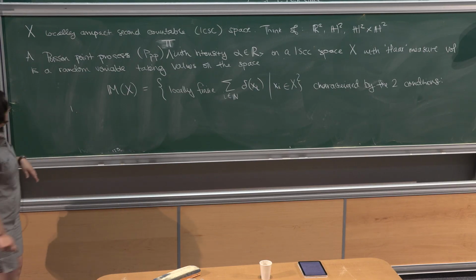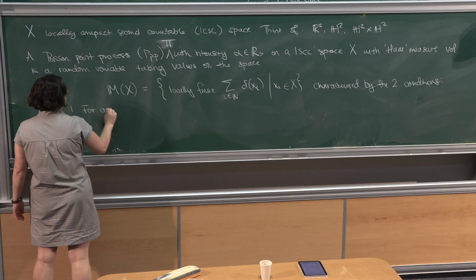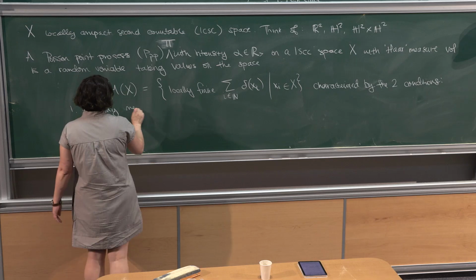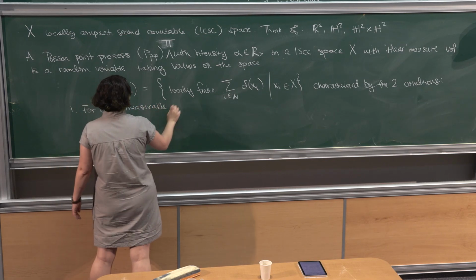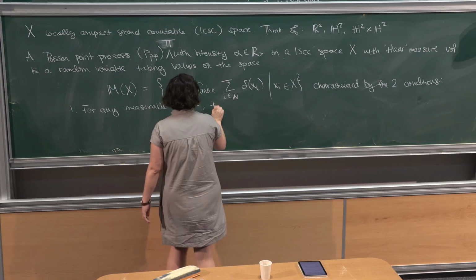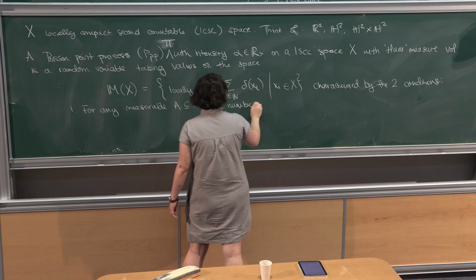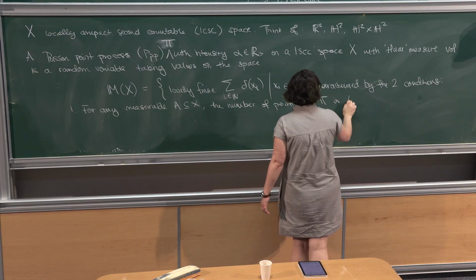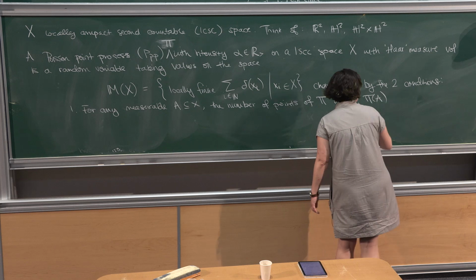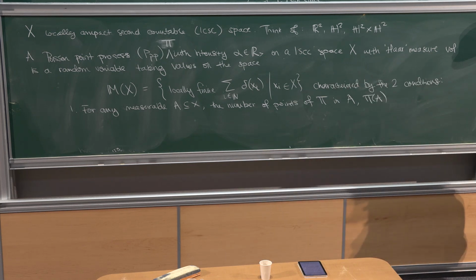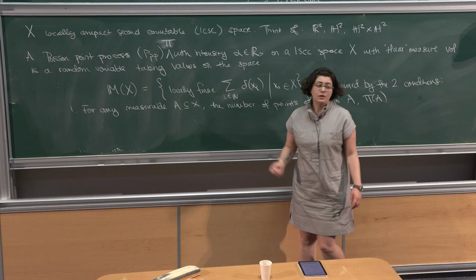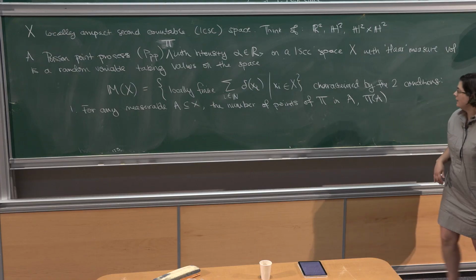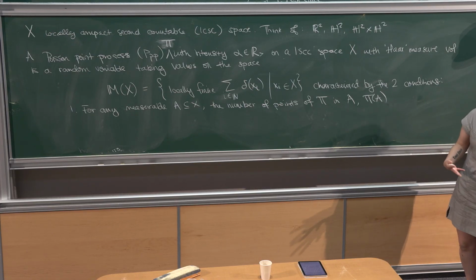First condition is that if we take any measurable subset A of X, the number of points of our process, meaning the number of these Dirac point masses with value 1, the number of points of pi in A, which we denote by pi of A, is a Poisson random variable.